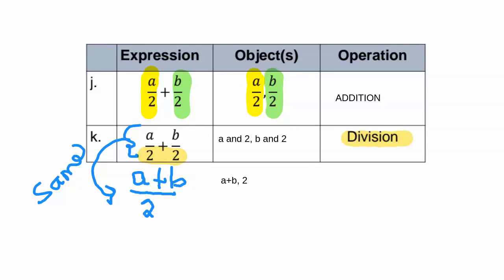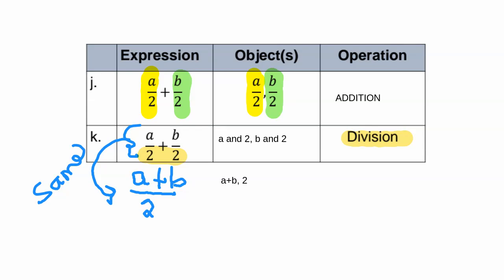The line in the middle means divide. So when you get a problem like K, you could have more than one answer. So watch your choices when they're asking you to put objects in, because division is happening in both fractions, which is why in the first line, that the first K, I could put A in 2, B in 2.